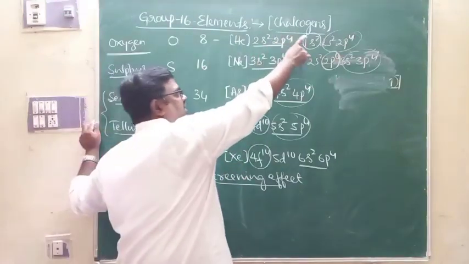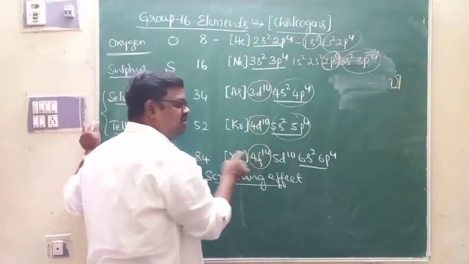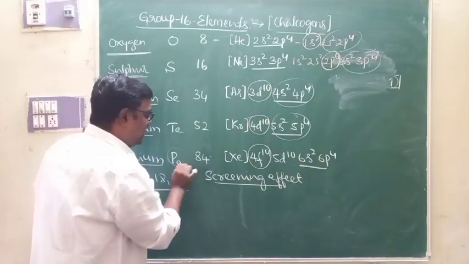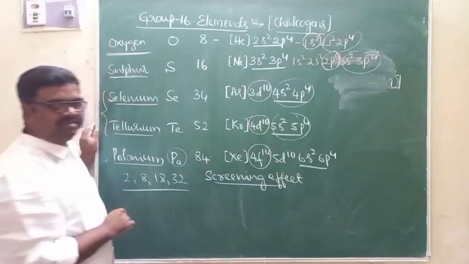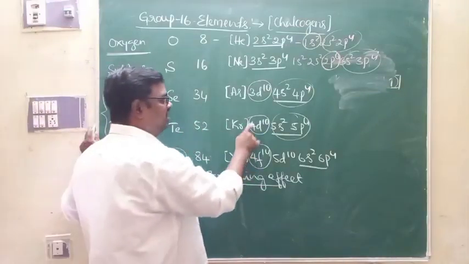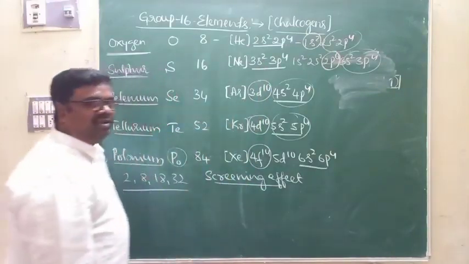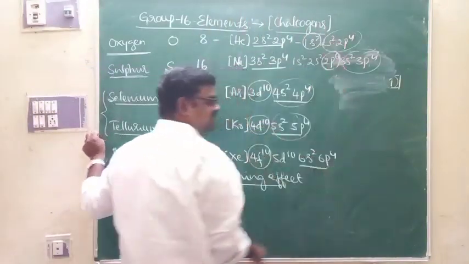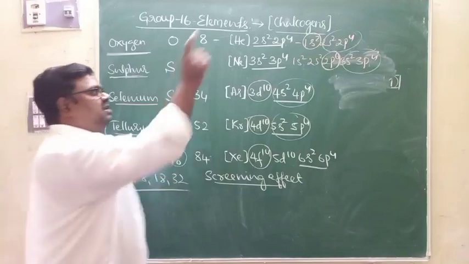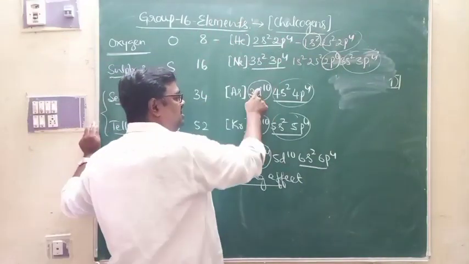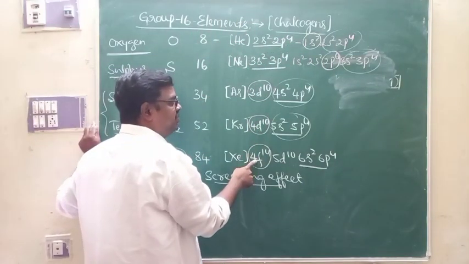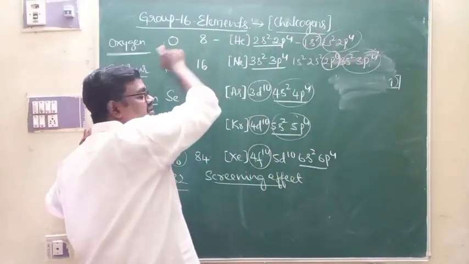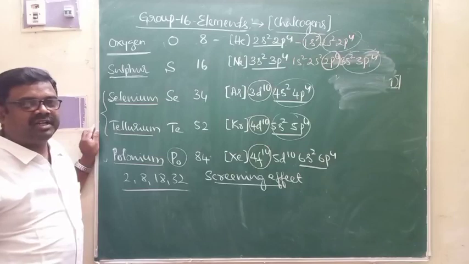Because of the presence of inner electrons, the force of attraction between the nucleus of the atom and the outermost electron decreases. That effect of inner electrons, which prevents the outermost electron from the attractive force of the nucleus, is what we call the screening effect.